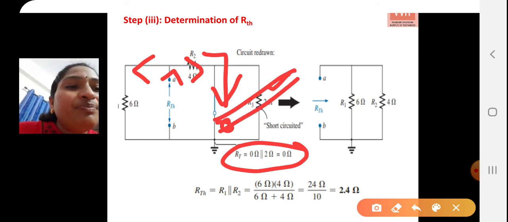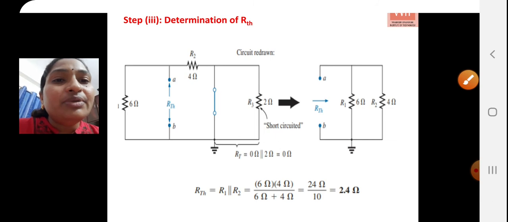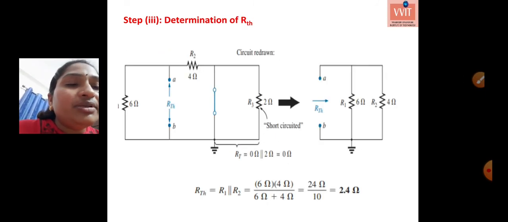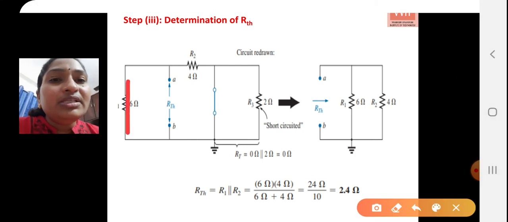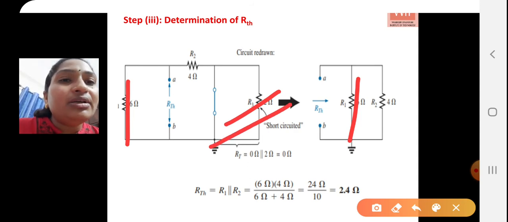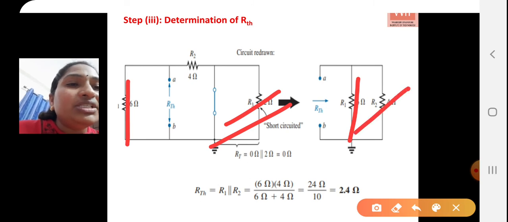So finally we have the equivalent circuit, which consists of the 6 ohms branch present here, and after removing this branch, the equivalent of these two branches will be 0. So the 4 ohms branch is present.